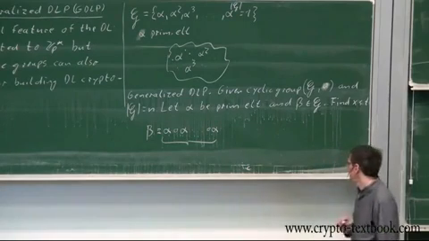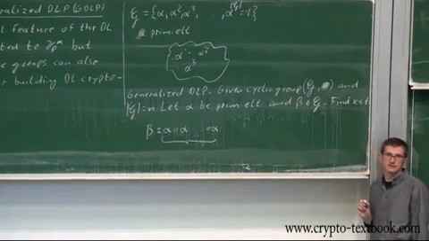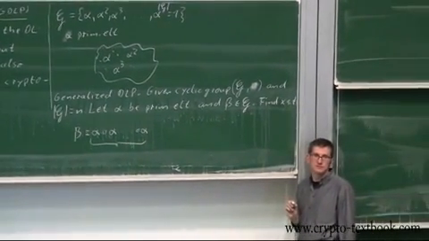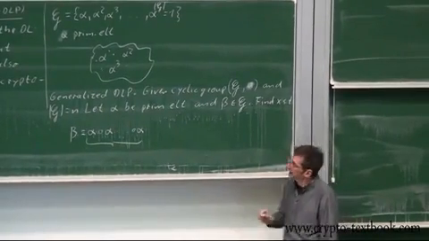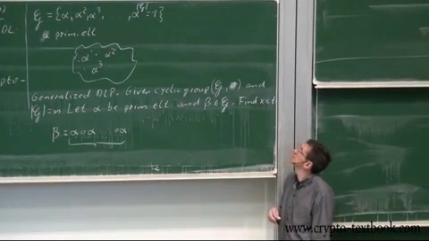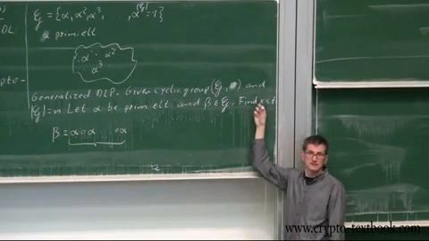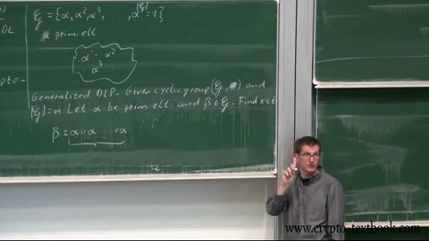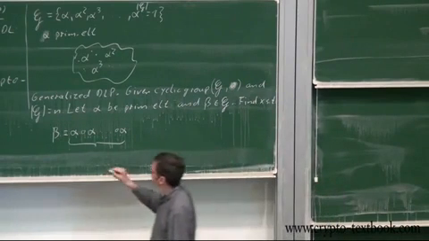How many times do we do that? How many alphas do I have here? This is x. X is the counter of how often I do the group operation here.